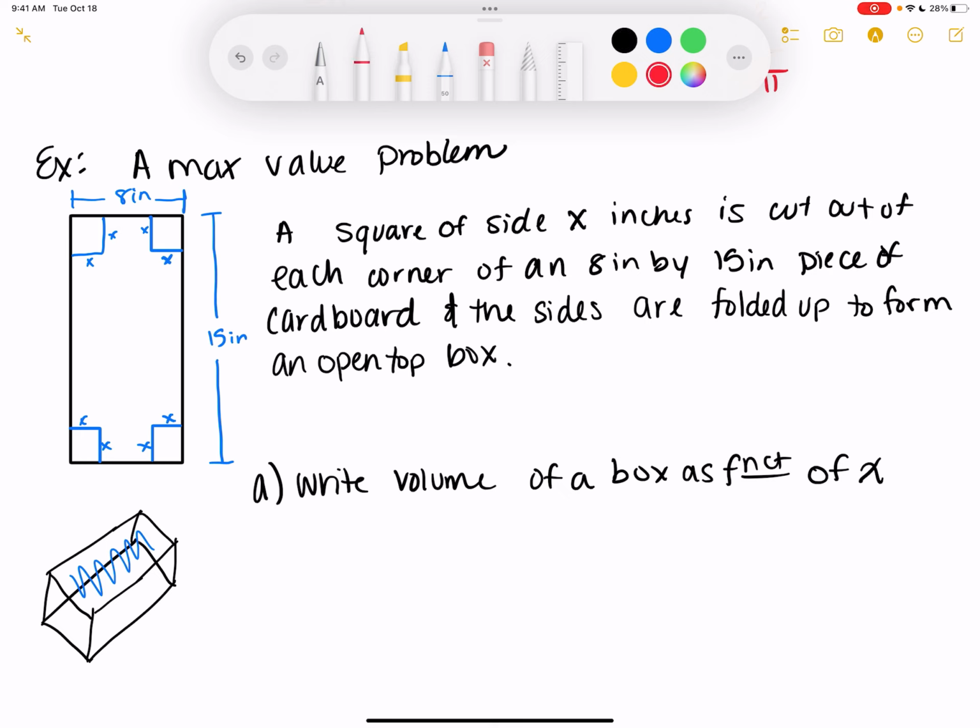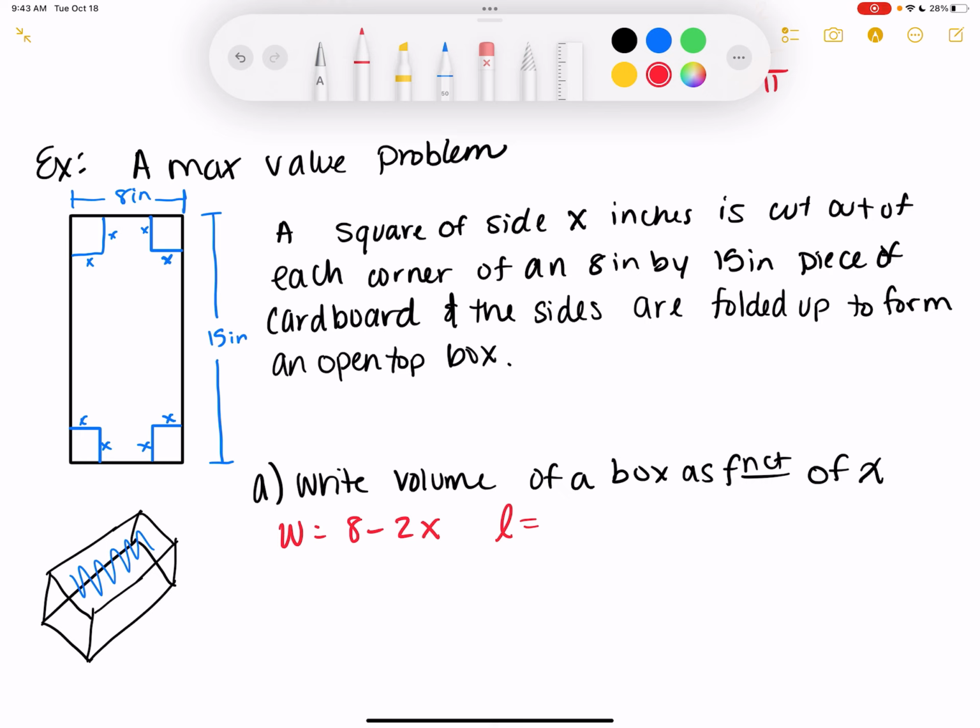So my width, okay, it's this 8-inch side, but the actual box is not 8 inches wide, because we've cut out some pieces. So our width is going to be 8 minus 2x, because each one of those little sides of the boxes is an X, right? Yeah, so we're taking out x from each side.